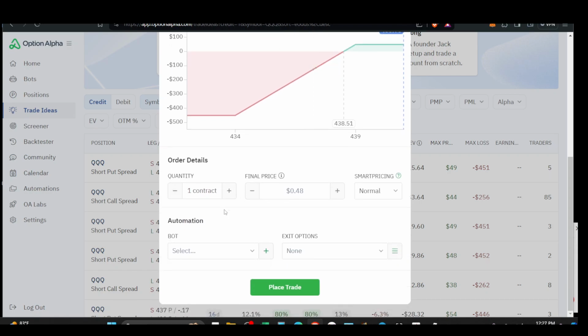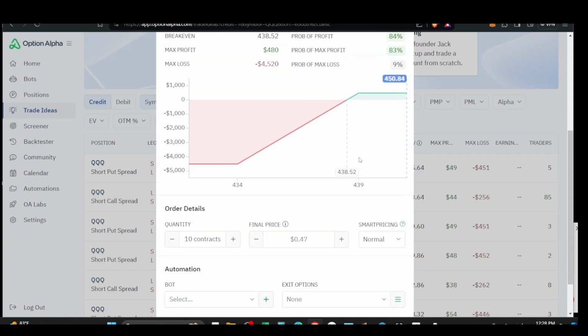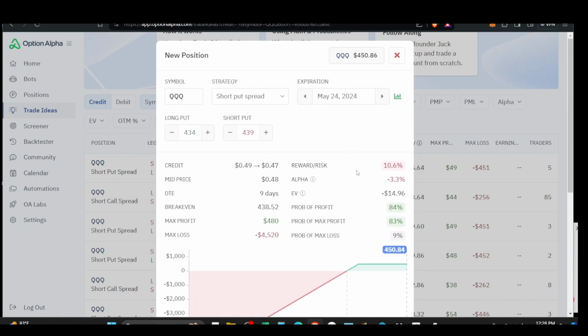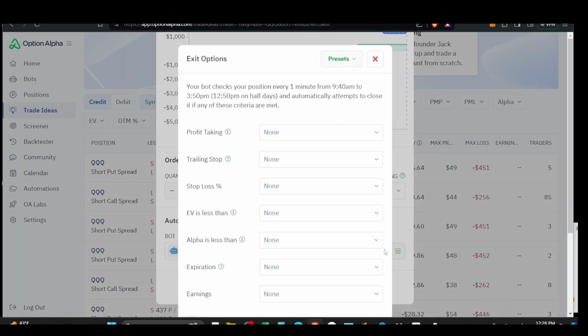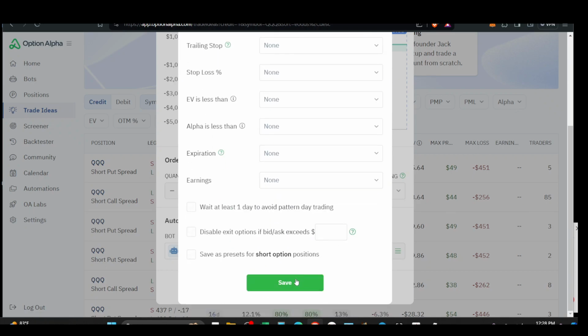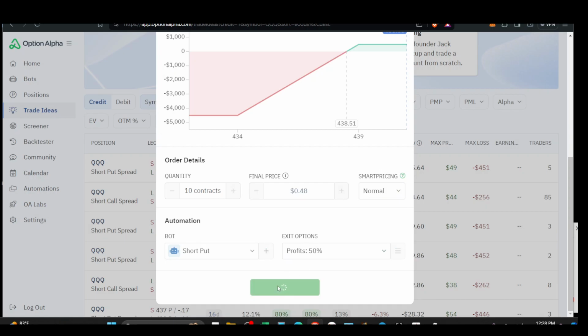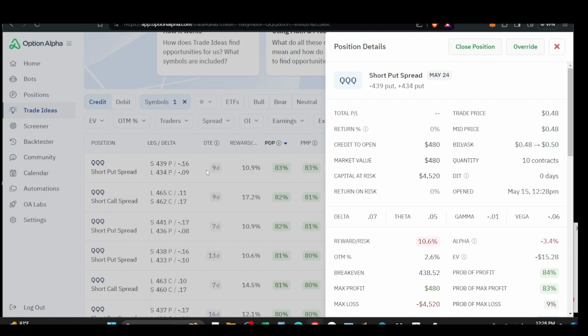QQQ, and let me see if I can have 10 contracts, and the expiration is May 24, and of course I'm going to put it in my new short puts bot, and here again I'm going to take like 50% and save and see if it works. Maybe I can have this. It's 9 days to expiration. So again, it's using normal pricing, and it figured it out.